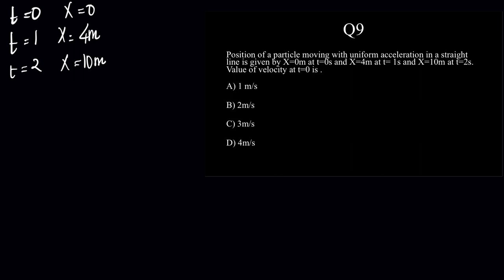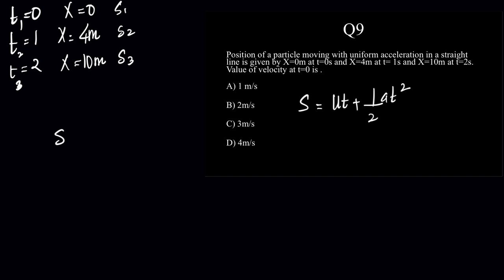We've been asked to find the velocity at t is equal to 0. Right. So, let us see. We know that s is equal to ut plus half a t square. Now, let us say this is s1, s2, and s3, and corresponding, we have t1, t2, and t3.